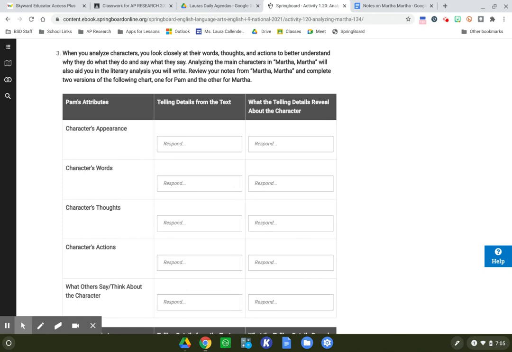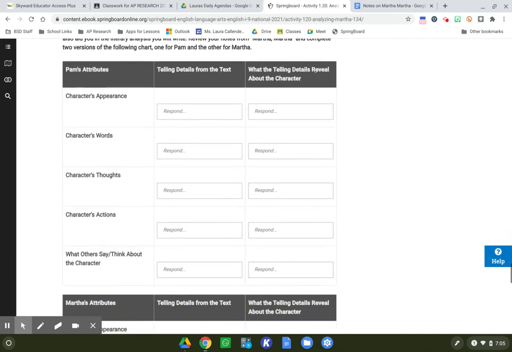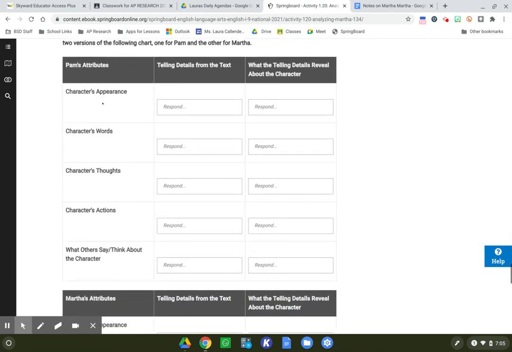So by analyzing the characters in Martha, we will also have extra information for our literary analysis that we're going to write as the embedded assessment. Okay, so as we read, you're going to annotate and take notes when we meet in our Google Meets this week so that you can complete the table that's in the Google Classroom and turn it in.